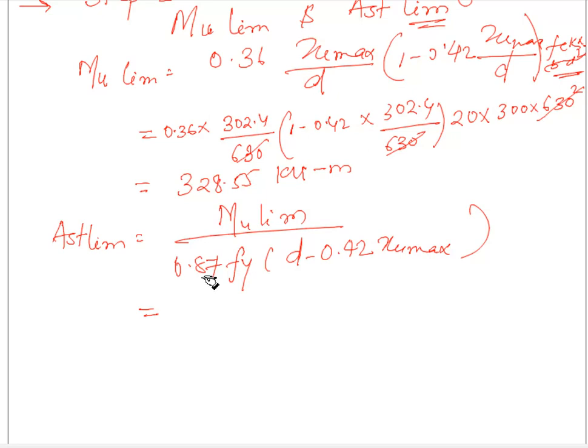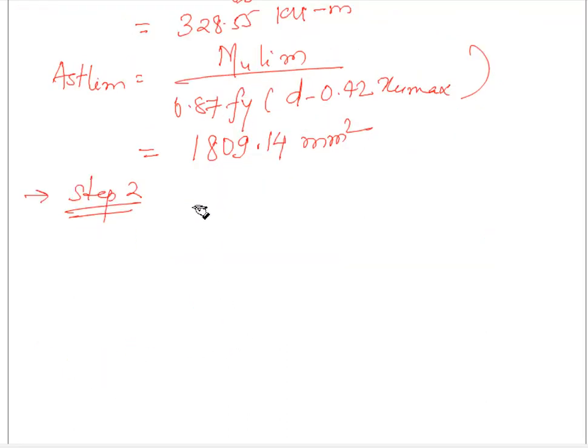I'll directly write down the value of AST limiting. You just need to put in all the values and calculate. Since we have to make this video short and simple, this is a simple calculation, so I don't need to repeat the steps. So AST limiting we have calculated. Now step 2, in which we need to determine MU2.